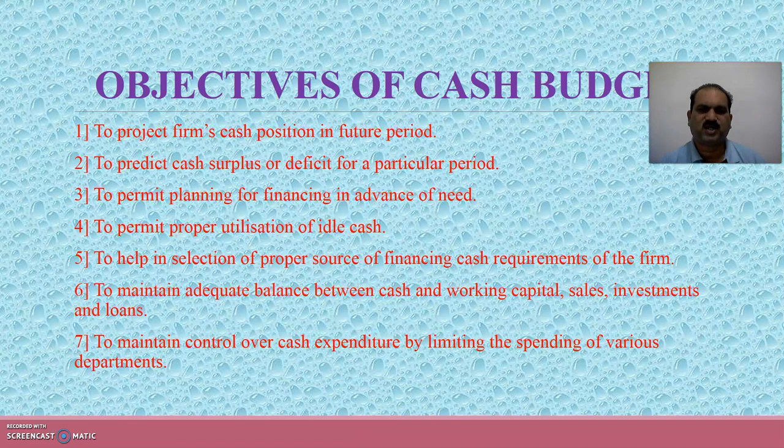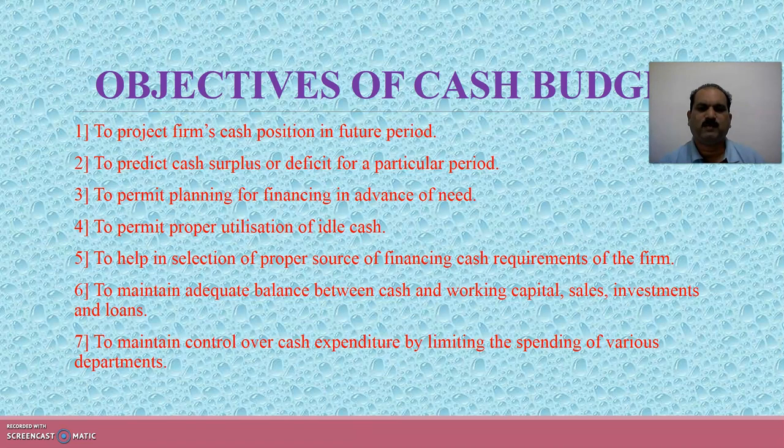Let's have a look at objectives of cash budget. First, to project firm's cash position in future period. Second, to predict cash surplus or deficit for a particular period. Third, to permit planning for financing in advance of need. Fourth, to permit proper utilization of idle cash.